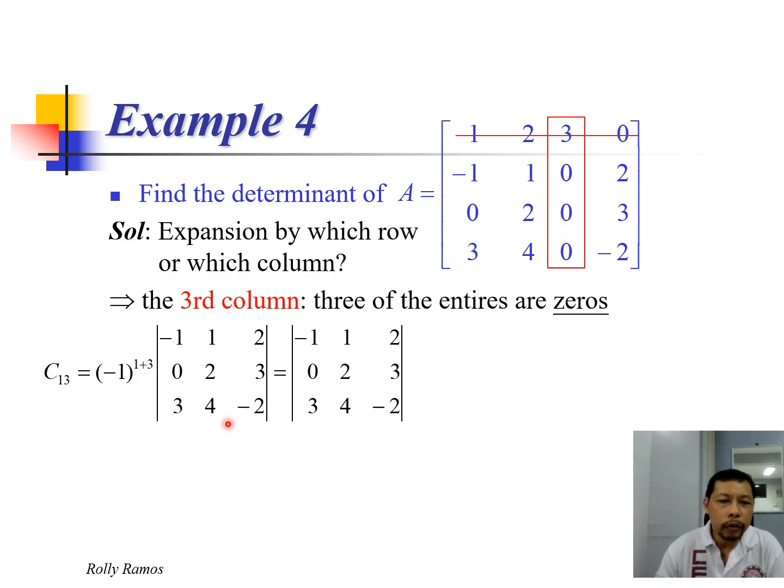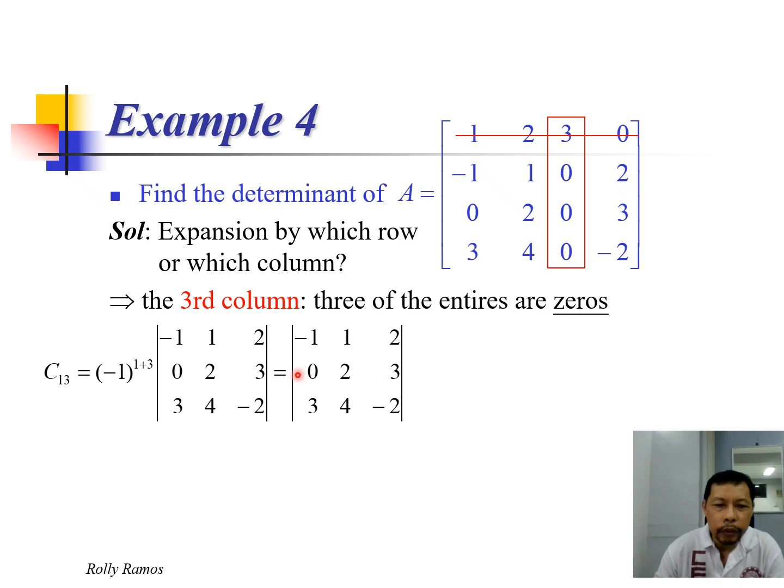Negative 1 raised to 1 plus 3 is positive 1, so we could disregard that. C13 is equal to the determinant of negative 1, 1, 2, 0, 2, 3, 3, 4, negative 2. So this is a 3 by 3 determinant.